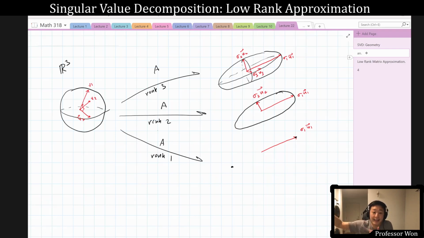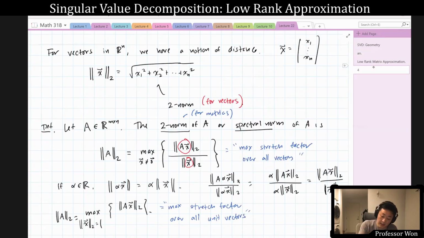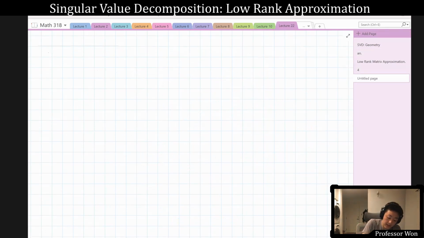What is that length? That length is just the first singular value. Okay, so by our results on SVD, the 2 norm of A is equal to the largest singular value of A.